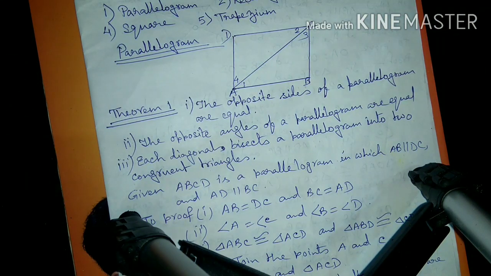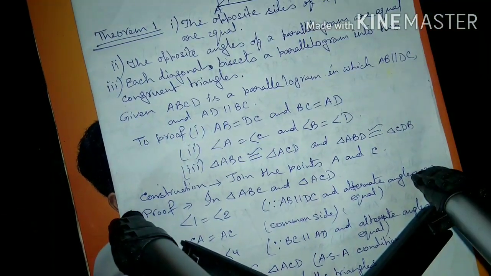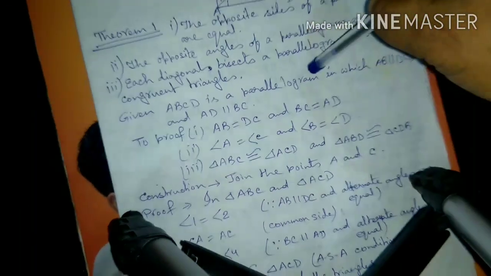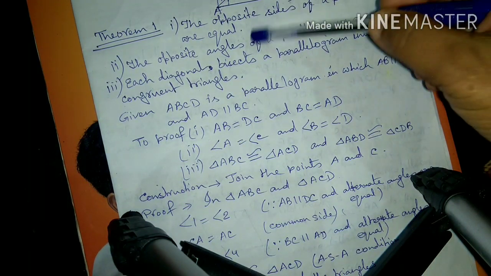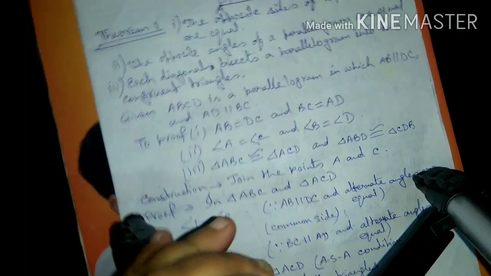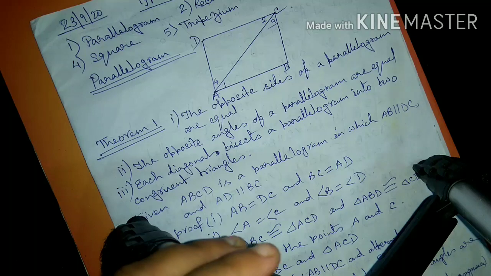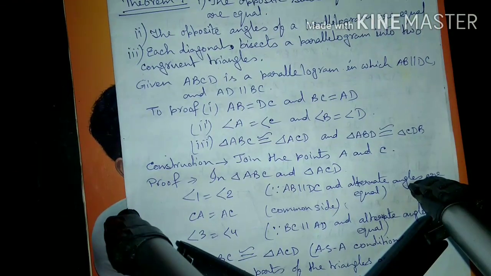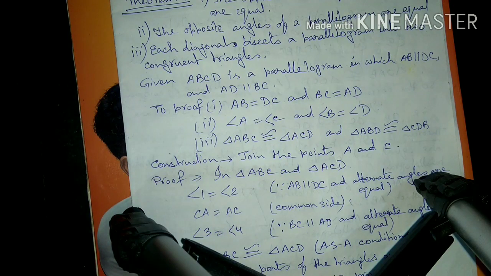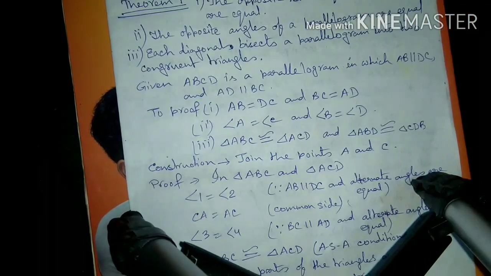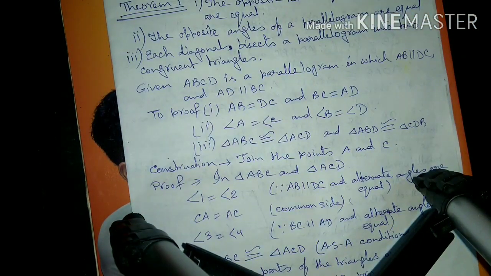So to prove that, given ABCD is a parallelogram. So already we have seen what is parallelogram, in which AB is parallel to DC. Yes or no? In which AB is parallel to DC and BC is parallel to AD. Already we know that because this is a parallelogram, opposite sides are parallel.